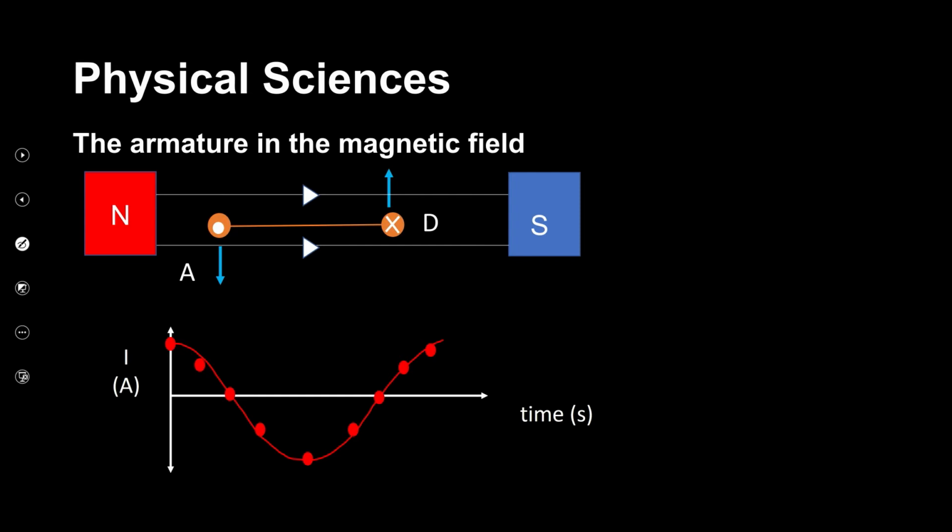At this position, the coil was horizontal. At this position, the coil was down like that. At this position, over here where it was 0, the coil was in that position like that. Then it started to move the other way. So it's moved down on this side, it's now moving in that direction, and then it reached a maximum at that position, and now it starts to move the other way.